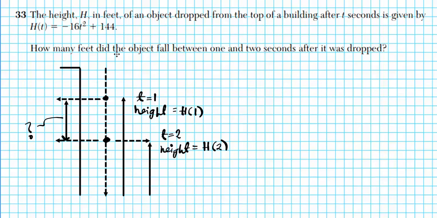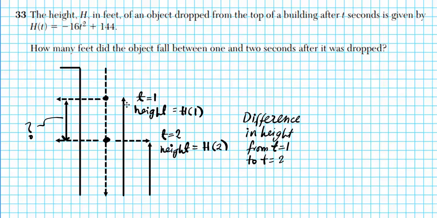So basically, the number of feet it fell between 1 and 2 seconds is equal to the difference in height from t equals 1 to t equals 2.